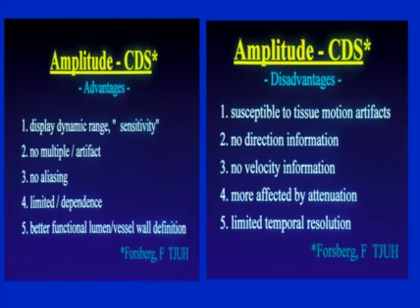Now, as Fleming Frostberg showed many years ago, amplitude or power Doppler has advantages and disadvantages. It improves our sensitivity, but it is susceptible to tissue motion artifacts, and there is no aliasing with amplitude Doppler, but there's no direction or velocity information.